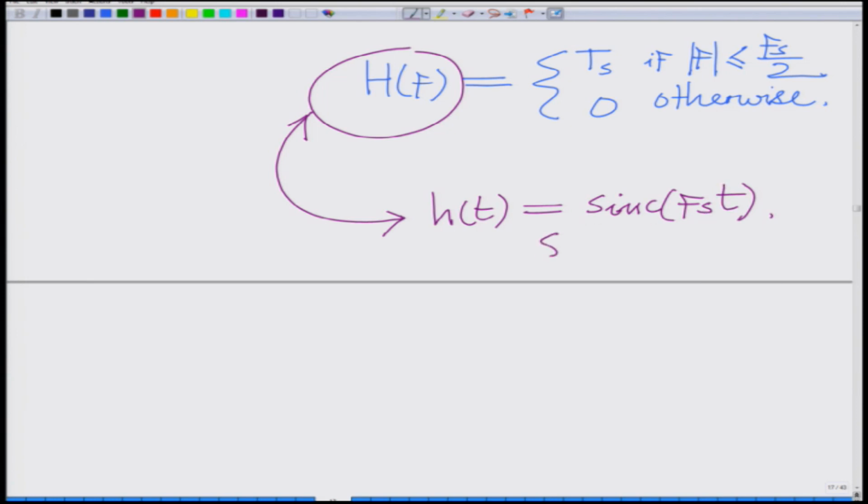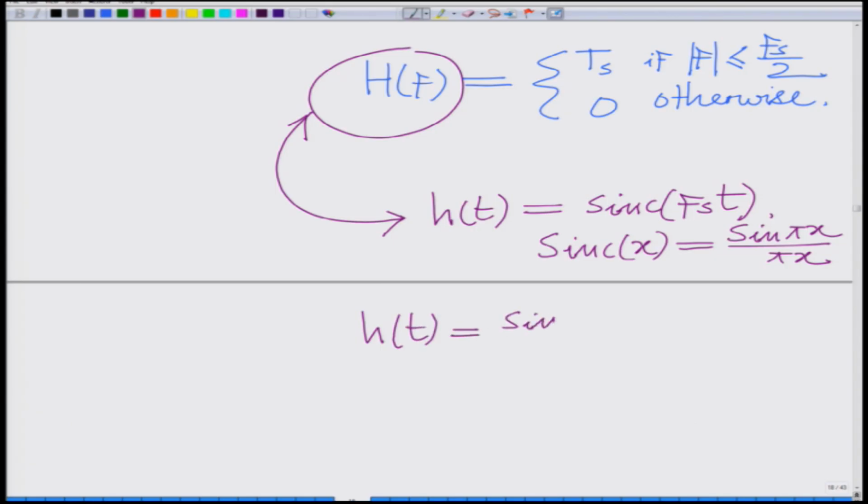Remember, sinc of x equals sin of pi x divided by pi x. So, h of t equals sinc of Fs t, which equals sin of pi Fs t divided by pi Fs t, where Fs is the sampling frequency.